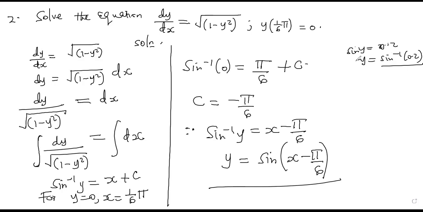When you introduce sine, this side will be sine y, and here the sine inverse will go. So this is what we are having. Then from here, we are going to do number 3.